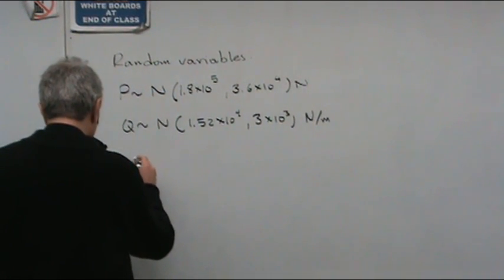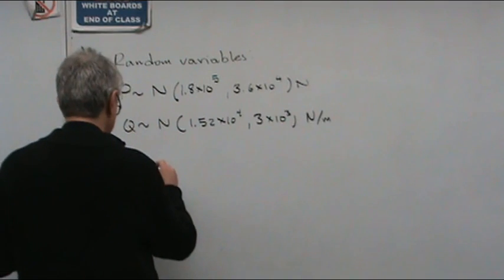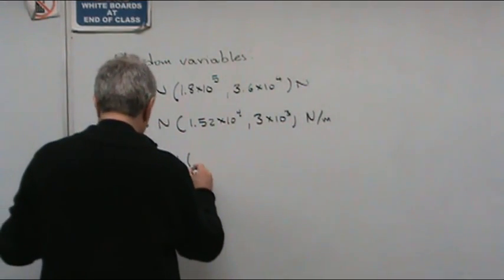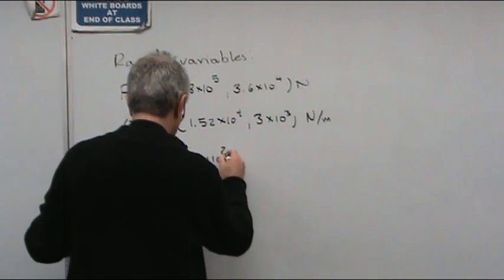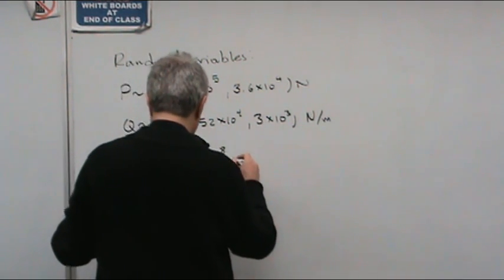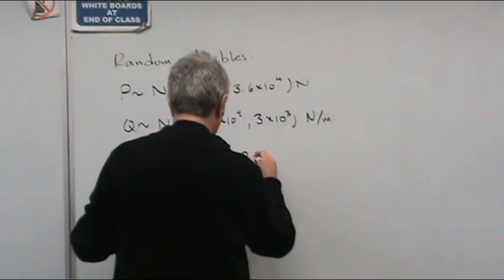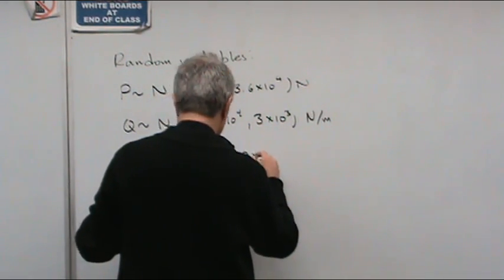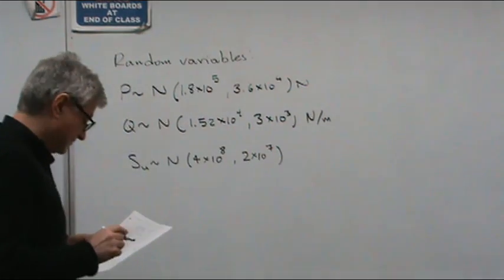The ultimate strength is normal with this mean value and standard deviation, 5% of the mean value.